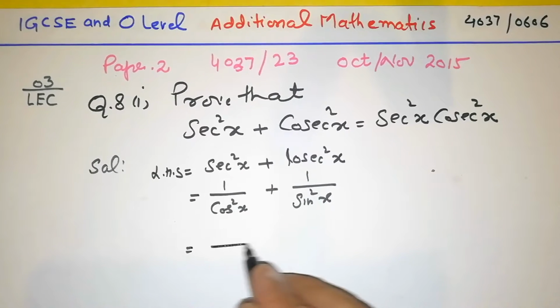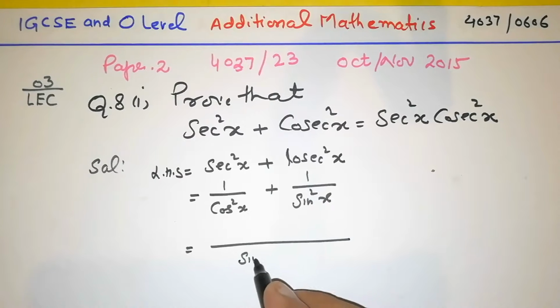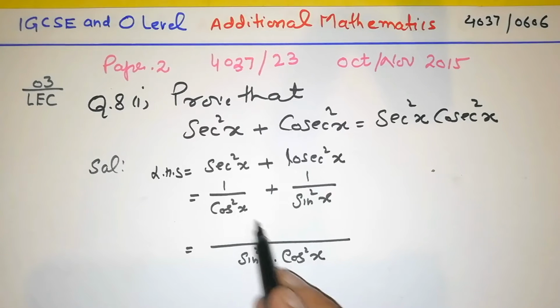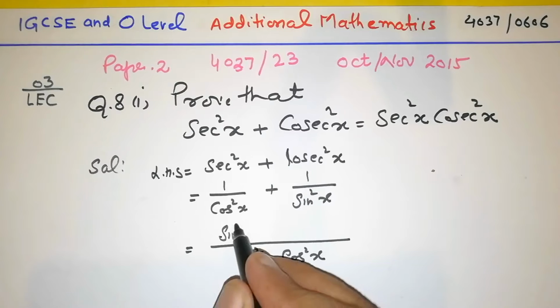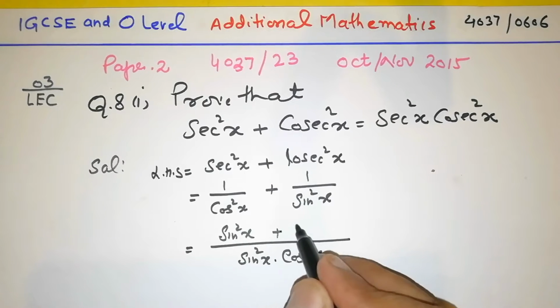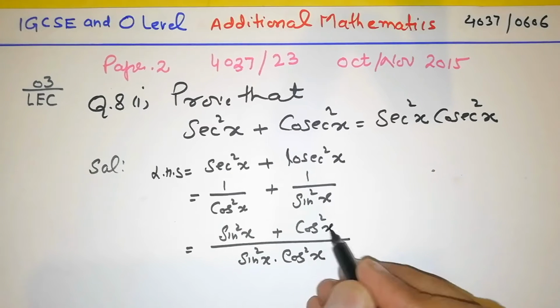Now we take the LCM, that is sine square x multiplied by cosine square x. Cosine square x cancels with this factor, and therefore here we have sine square x. Similarly here, cosine square x.